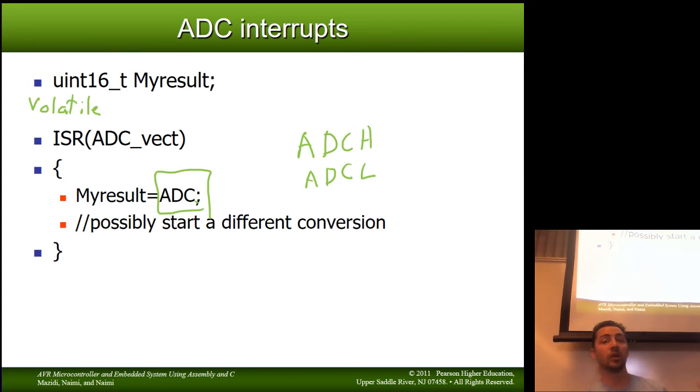In C, it will automatically grab all 16 bits at once. So if you're doing free running, all you have to do is grab the value and store it somewhere. It might be in a 16-bit variable. It might be in an array. Okay, depends on your application. But that's all that you have to do is grab the result out.